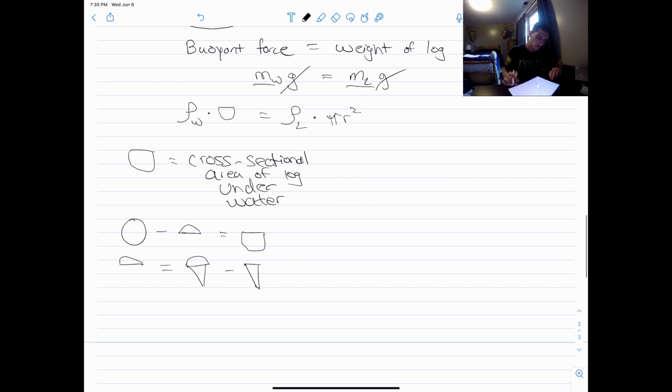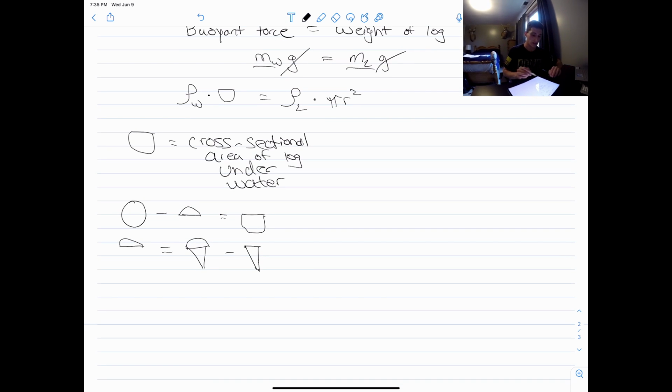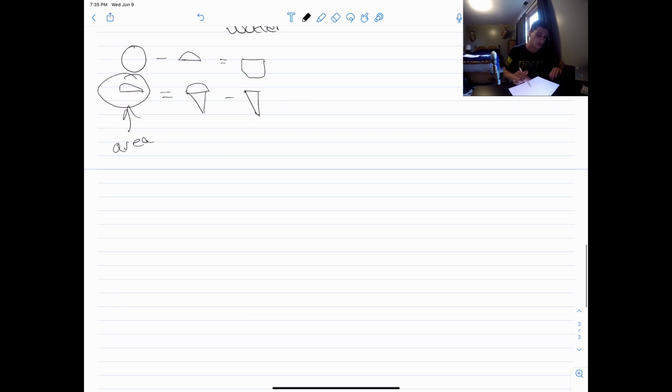So what we need to do ultimately is find the area of this. The next step is to find the area of the circular sector.